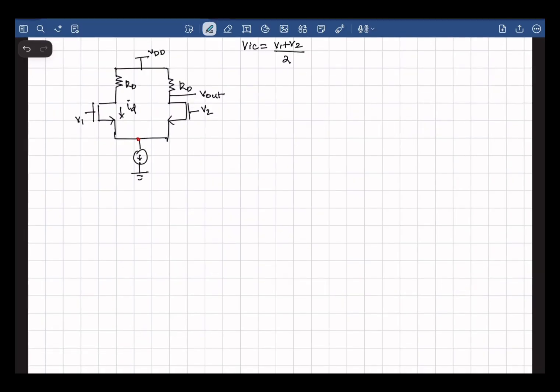Now if we take the other component, the common mode component, and I am giving the input as VIC in both the terminals, we know the gate voltage is the same, the circuit is symmetrical, so the voltage seen at the drain in both the terminals is the same. So it's basically a short, and I can now reduce this circuit into something like this.